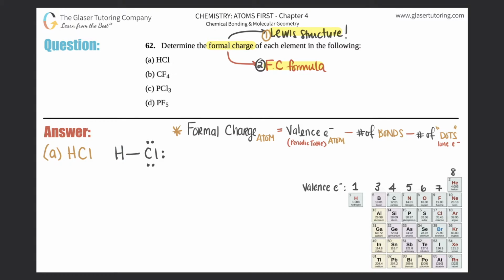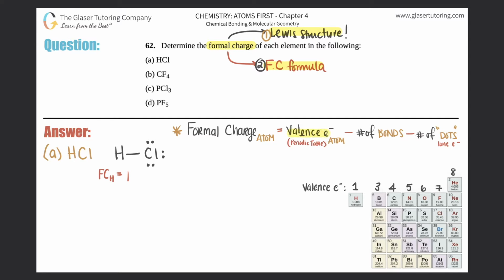We'll say formal charge, FC, for hydrogen. The first thing is always to find the valence electrons for that atom, which will always be found on the periodic table. Hydrogen will always have 1 valence electron. So that's the first number, 1.